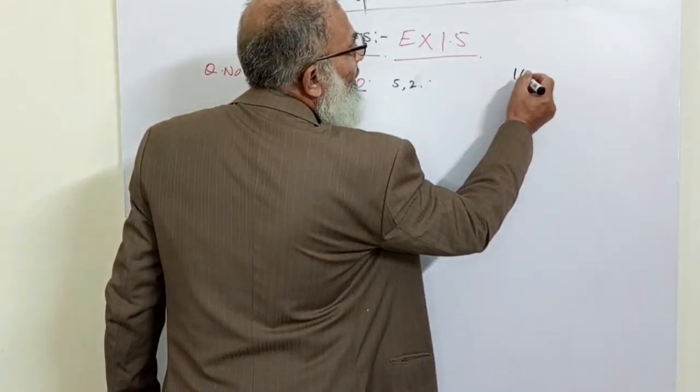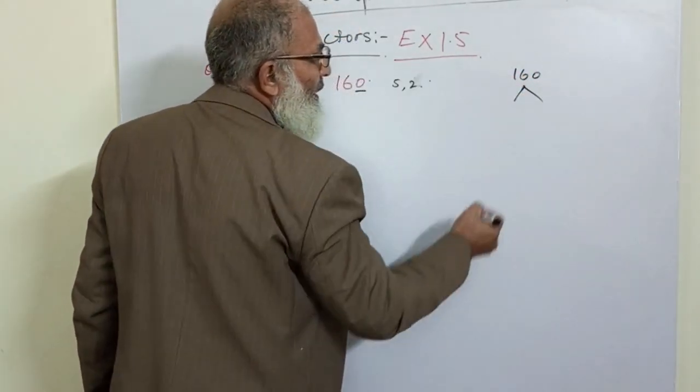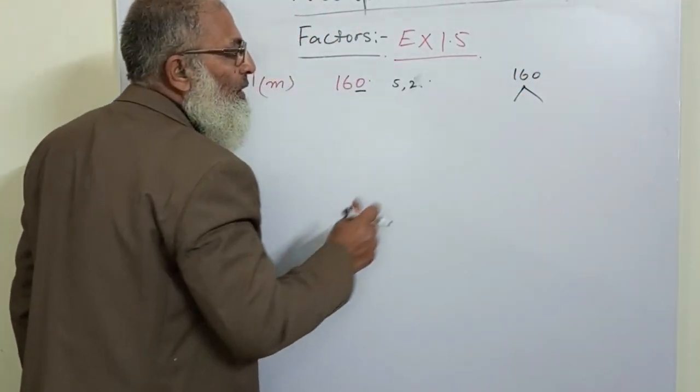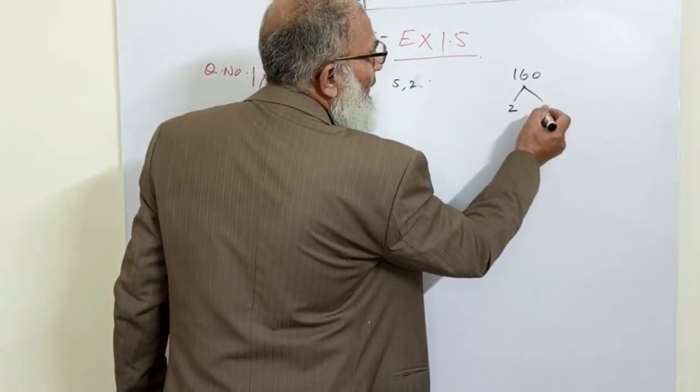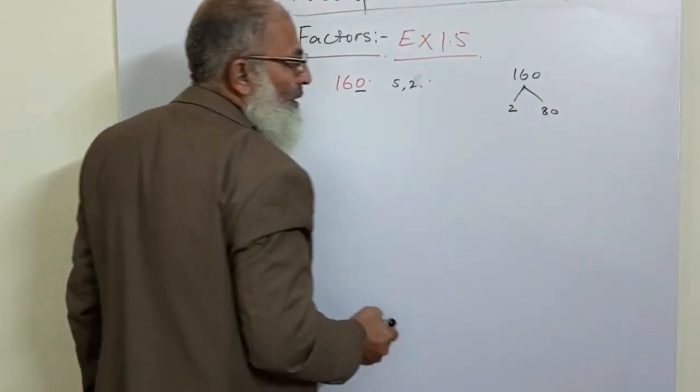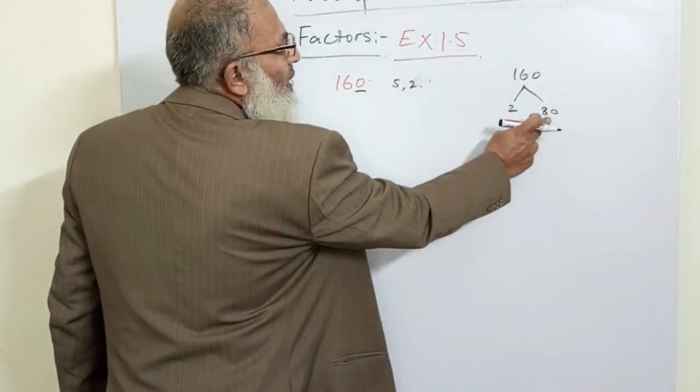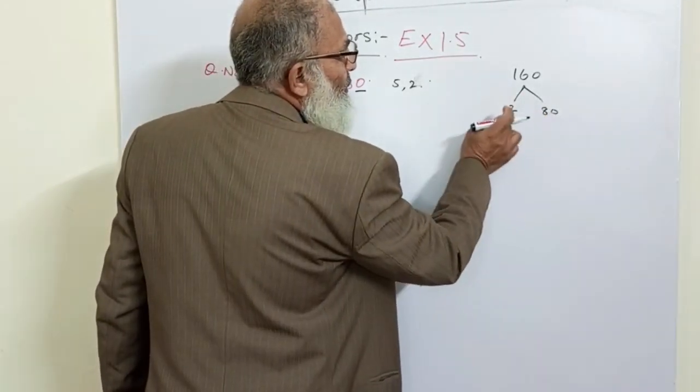So I can write here, first of all, 280. You see, it is divisible by 2.